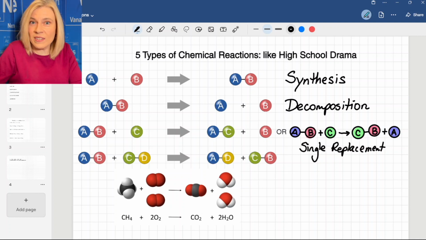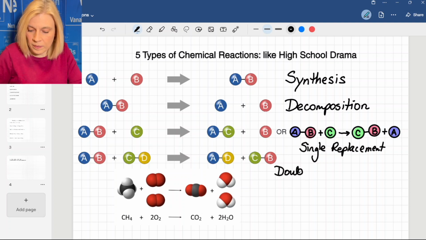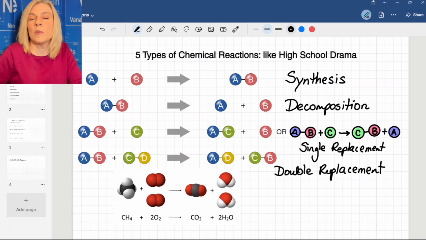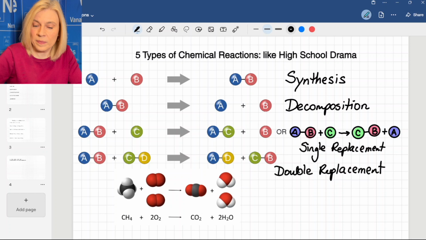So what do we call this type of reaction? This one is double replacement. I think of it as the 2 boys switching places.